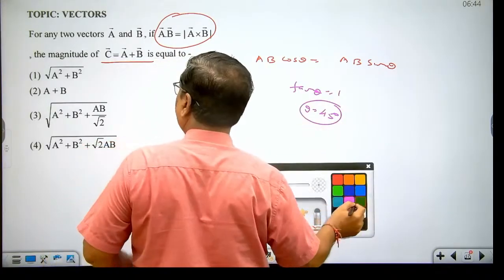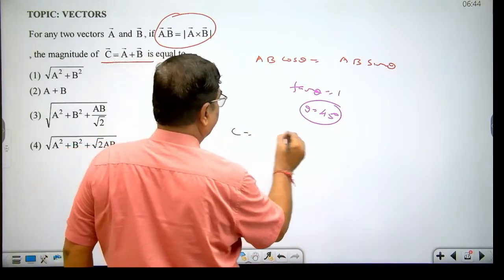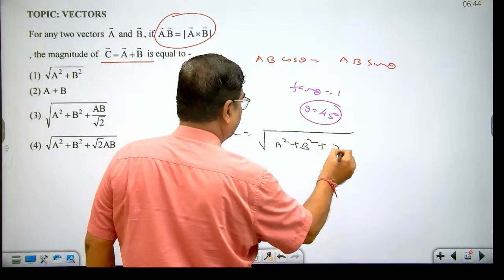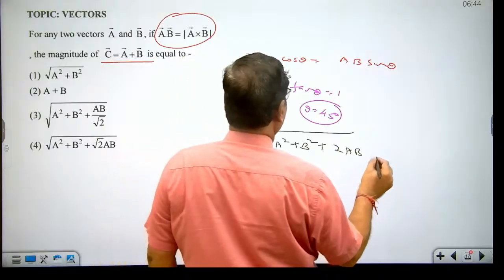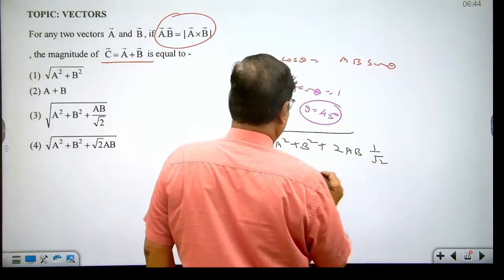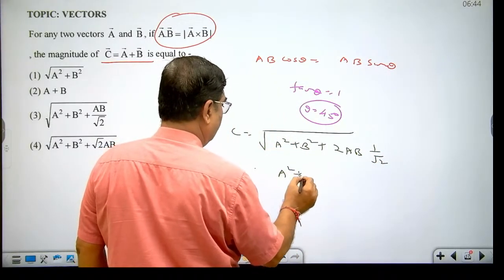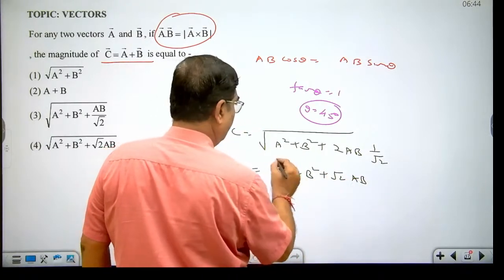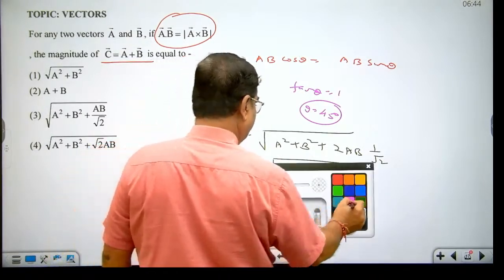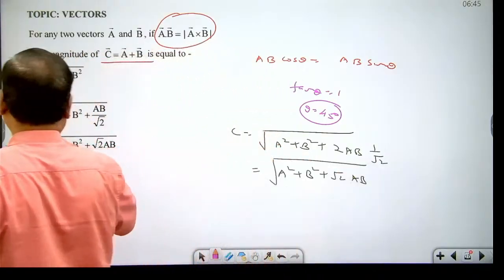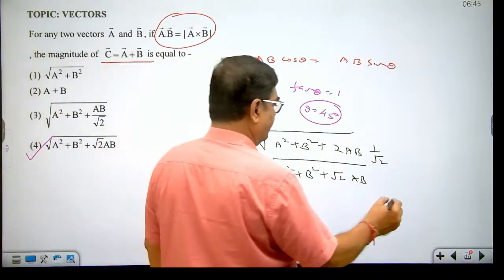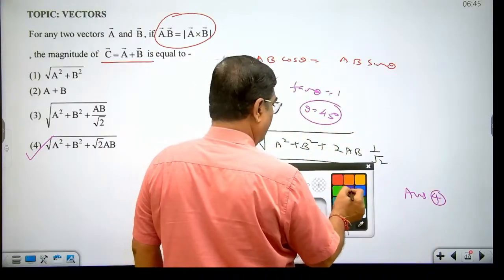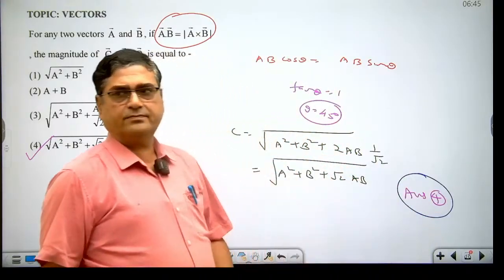So we will get resultant C equal to square root of A square plus B square plus 2AB cos theta. So answer will be square root of A square plus B square plus root 2 AB. This is the answer. So out of 4 choices, the correct choice is option 4. Option 4 is the correct answer.